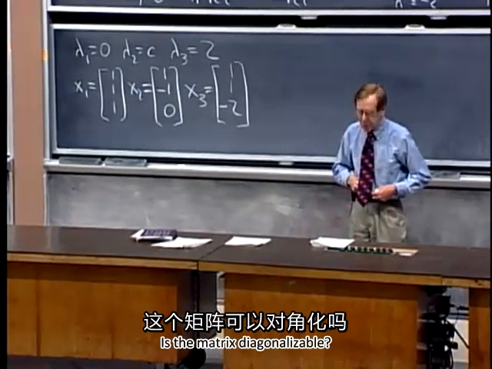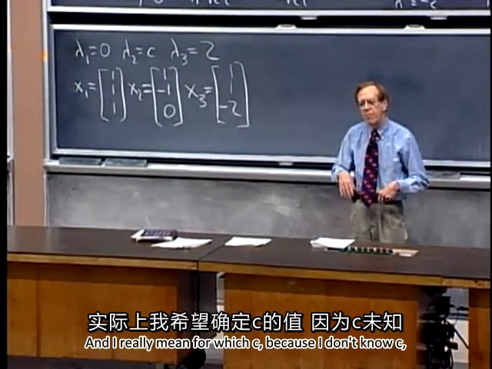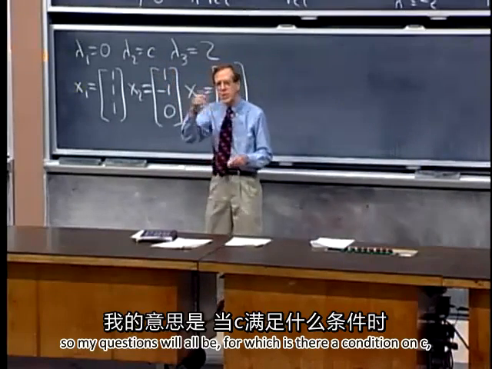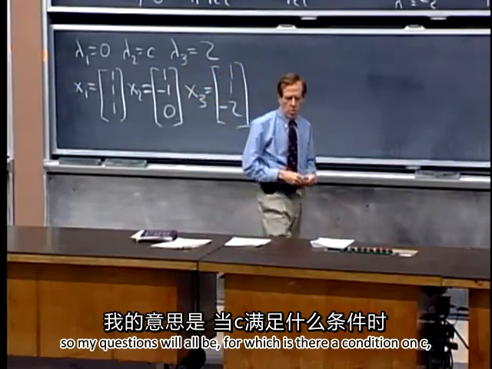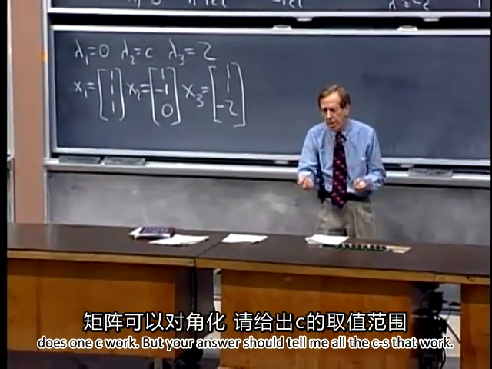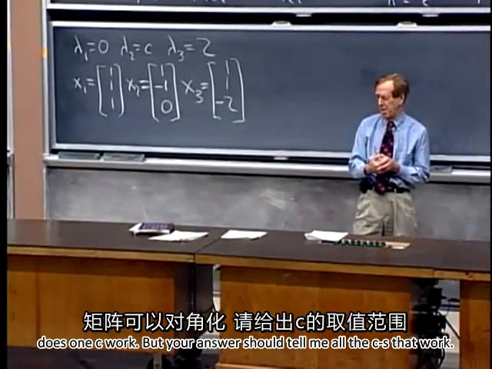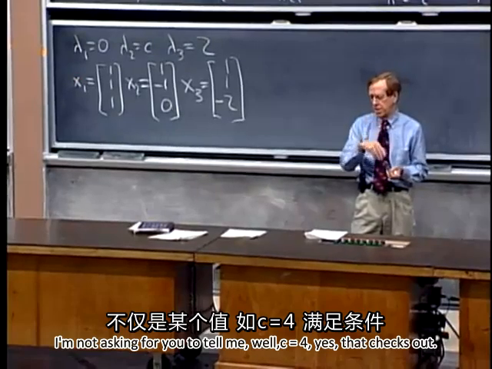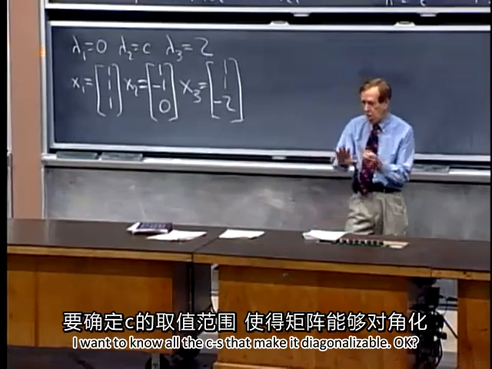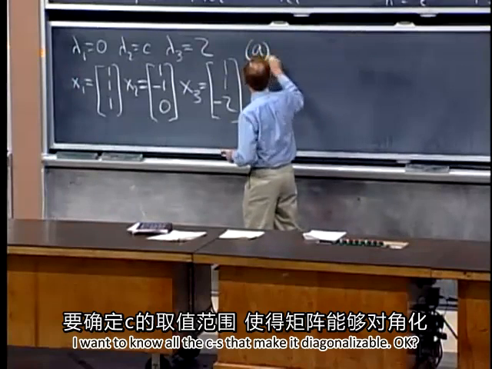Is the matrix diagonalizable? And I really mean for which C, because I don't know C, so my questions will all be for which C. Is there a condition on C? Does one C work? But your answer should tell me all the C's that work. I'm not asking you to tell me, well, C equal 4, yeah, that checks out. I want to know all the C's that make it diagonalizable.